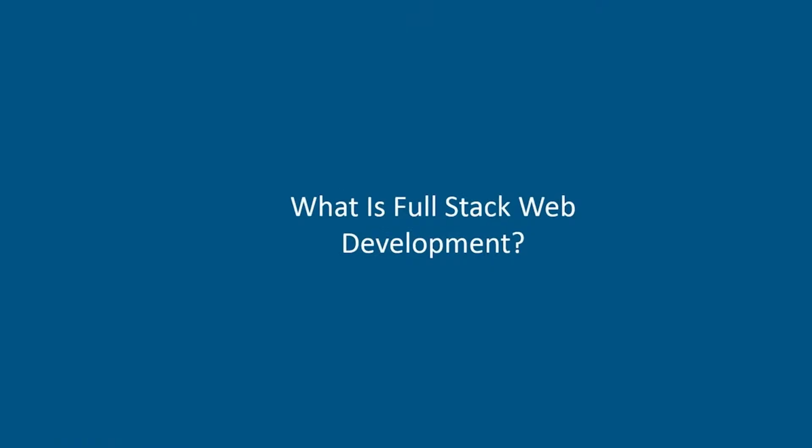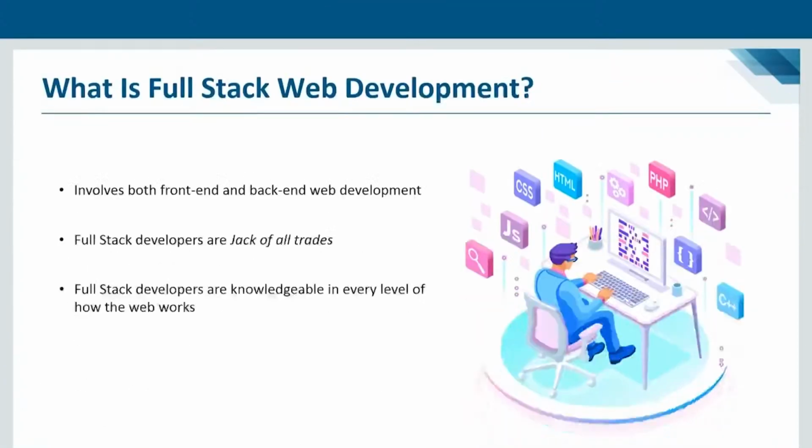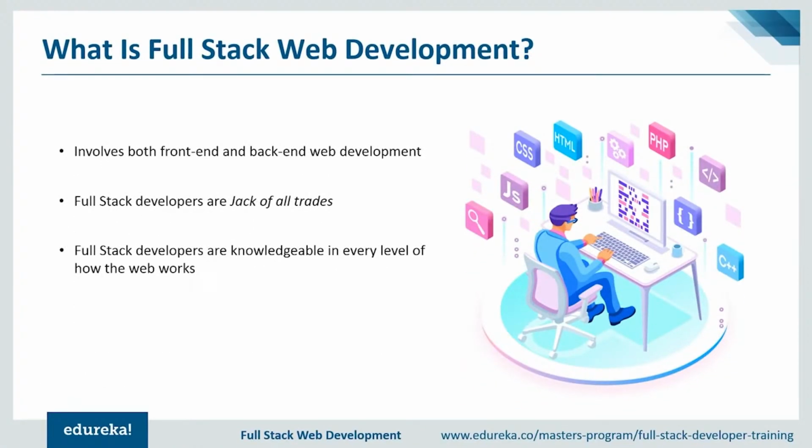So what is full stack web development? I'm sure you all must have heard of front end and back end web development, but what is full stack web development? Now full stack web development basically involves front end and back end web development. It requires in-depth knowledge of the different scripting languages like HTML, JavaScript, CSS, which make the web look more interactive and alive.